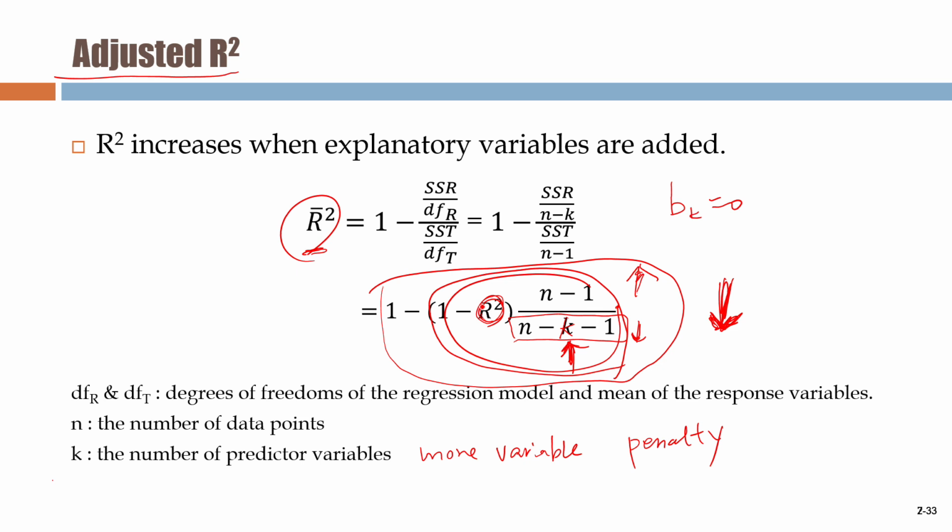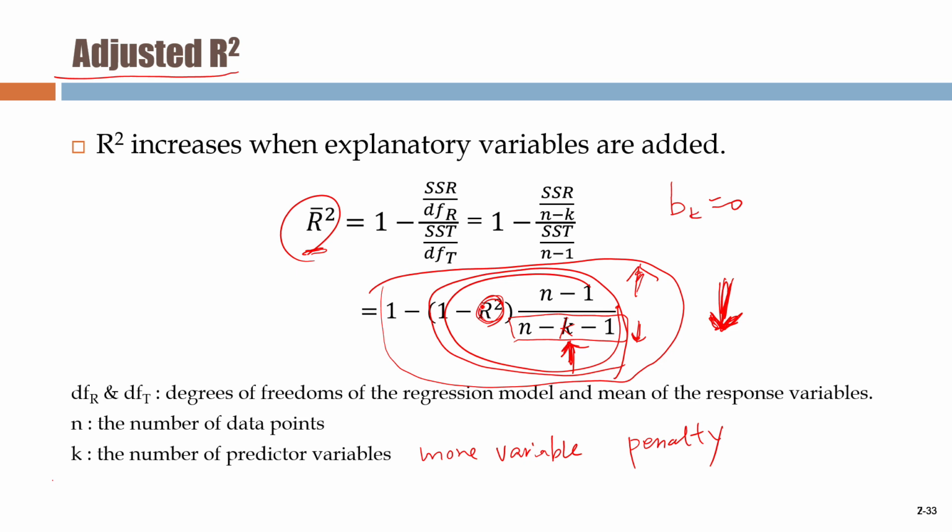Whenever you see R square go up by adding a new variable, that may or may not be good, because even if your new variable doesn't have high predictive power, R square will go up anyway.